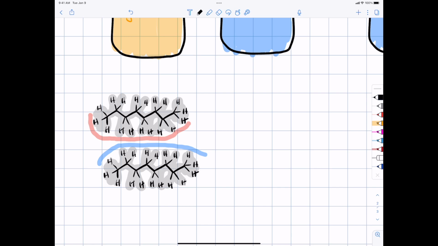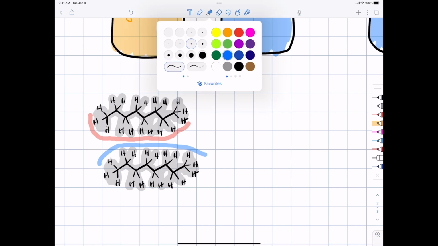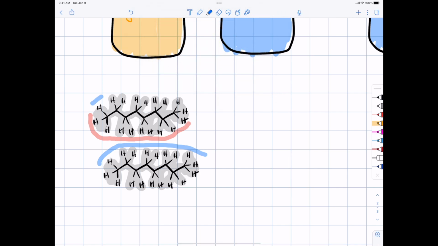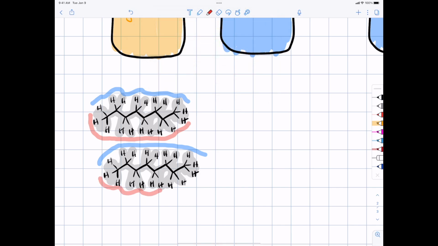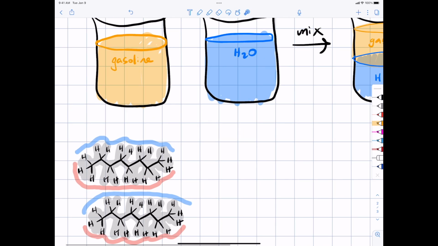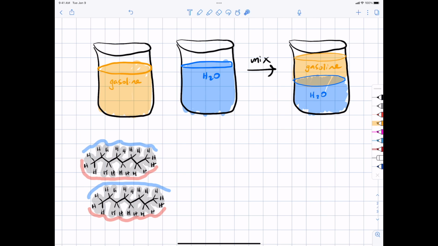That's an induced dipole interaction, or alternatively, you can call it a van der Waals interaction, or if you want to, you can call it a London dispersion force. And it's not particularly strong. One of the reasons you know this is because you can evaporate gasoline more easily than you can water.